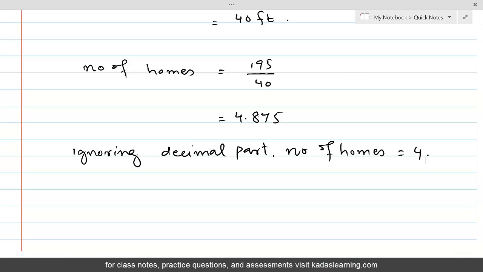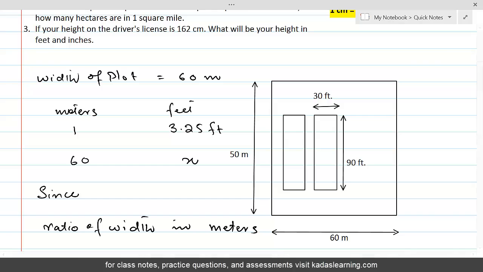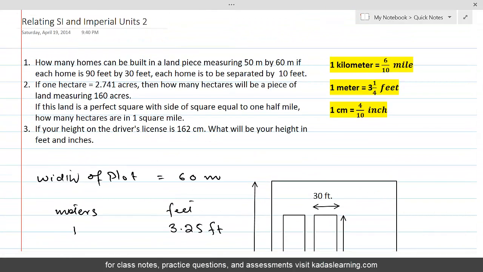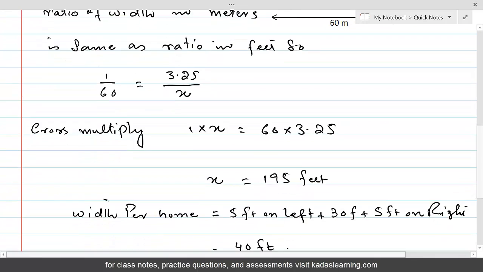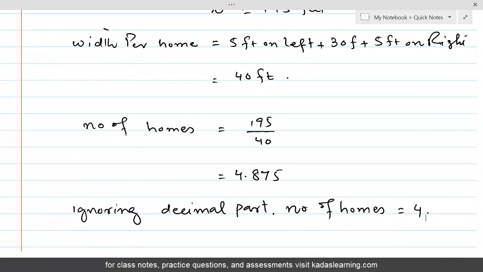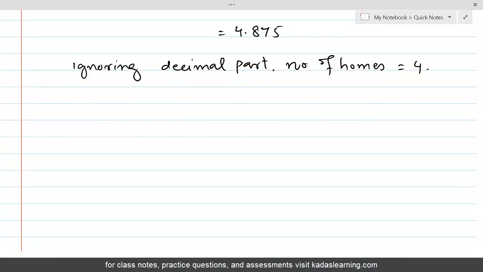Now let's take a look on the second question. And the second question is that 1 hectare represents 2.741 acres. Then how many hectares will be a piece of land measuring 160 acres? So now the number of acres which are included in 1 hectare is given. Let's write down question number 2.